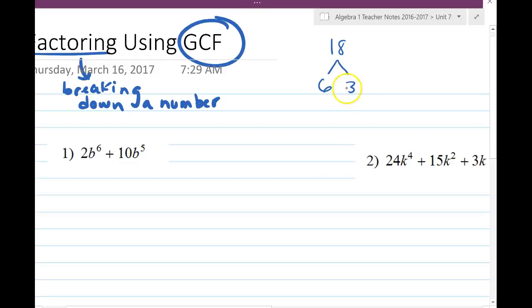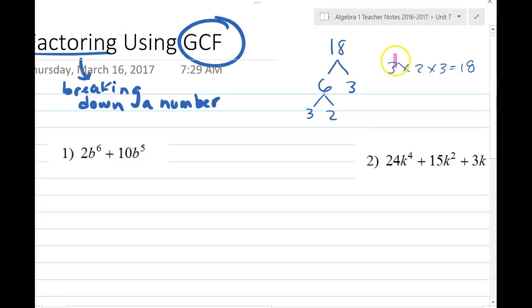But then can I break down one of those numbers? Well, if I break down 6, that's 3 times 2. And can I go any further? No. So essentially, 3 times 2 times 3 is equal to 18. And each of those numbers that you see there are factors of 18.